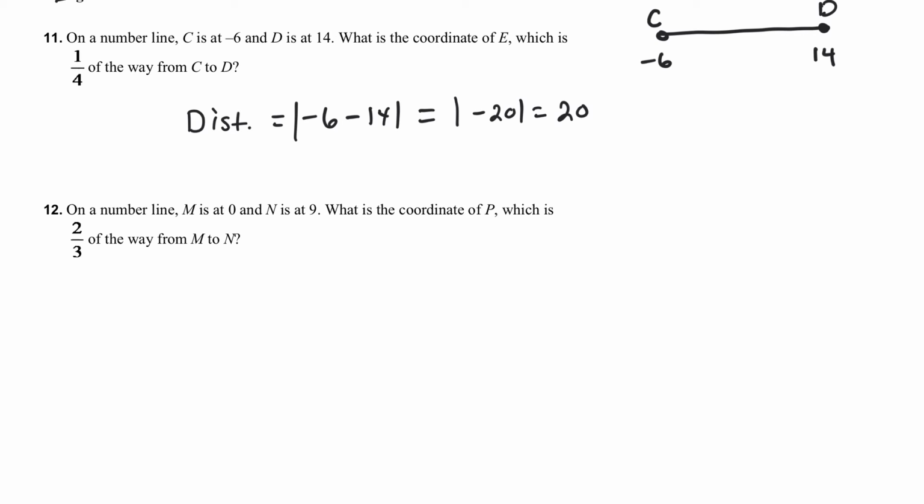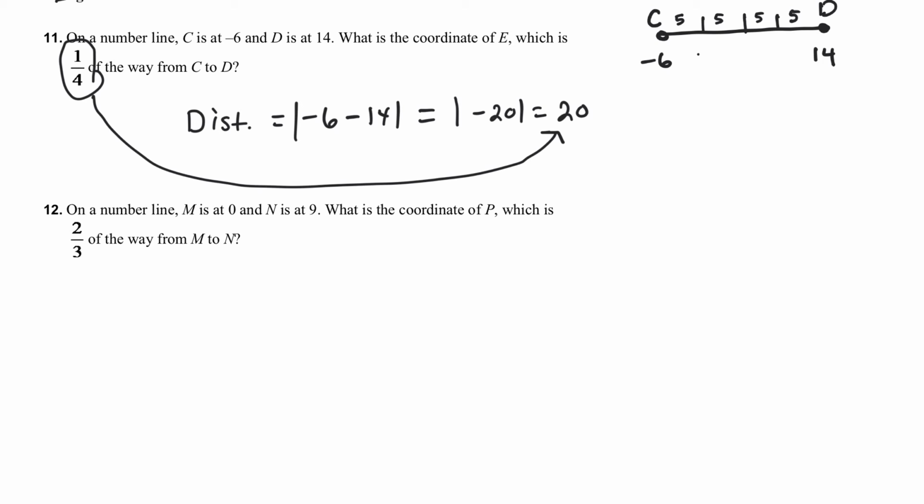Those are the coordinates, so it's going to be the absolute value of negative 20, which in this case is 20. Now, you notice that it's a fraction, 1/4. So I'm going to cut this into 4 pieces. 1, 2, 3, 4. And if I were to divide by 4, then each distance would be 5. And it's saying that it's 1/4 the way from C to D. So negative 6 plus 5 gives you negative 1.